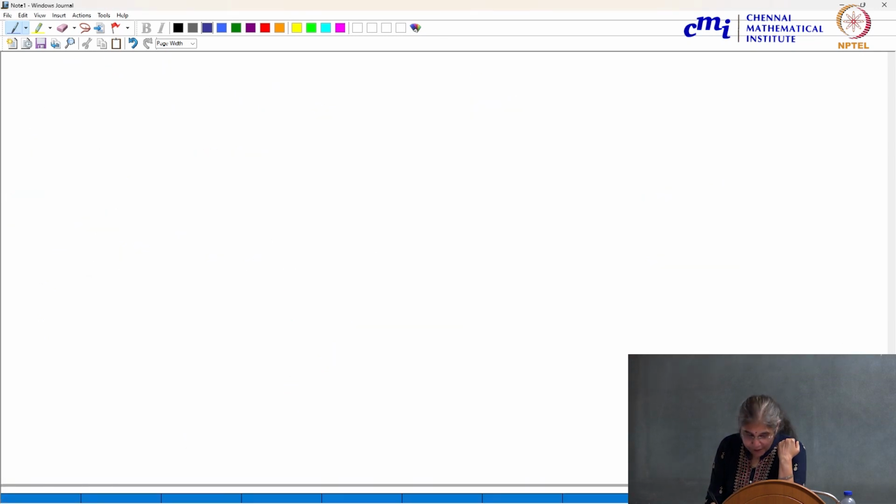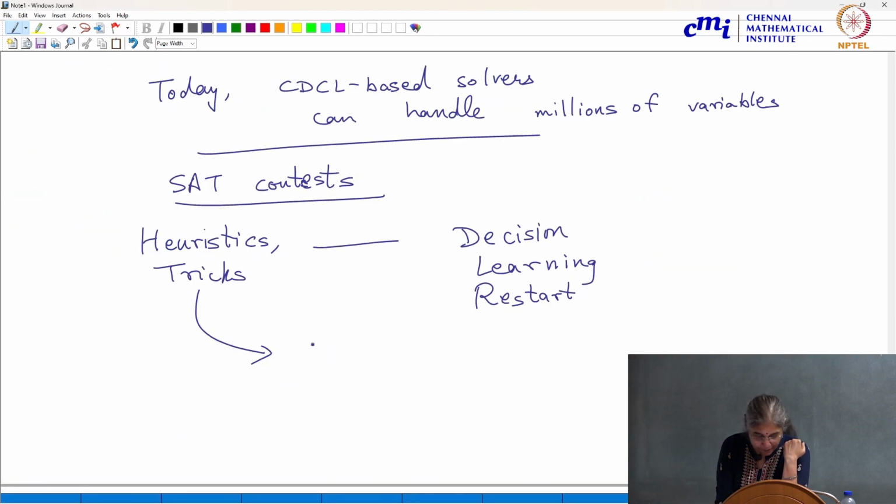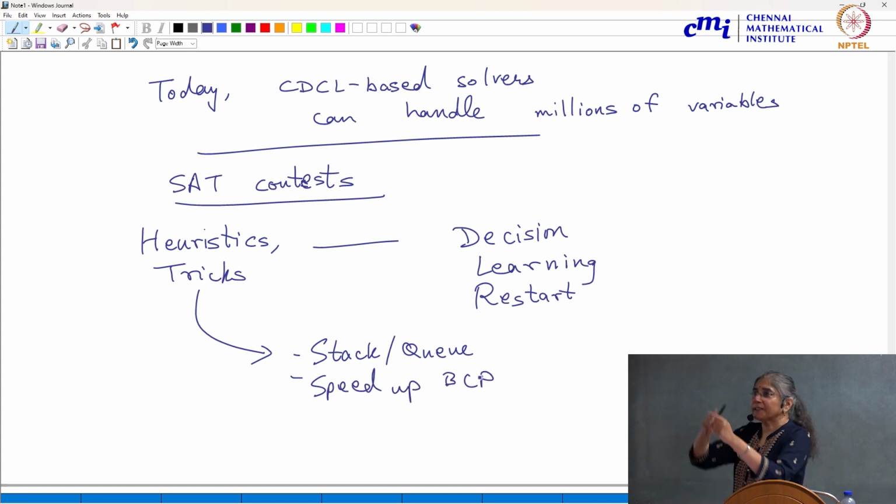Another trick that they are using is you want to speed up unit propagation, BCP. Instead of after every decision going through your entire list of clauses to figure out whether something has become unit, which will take time, we are dealing with formulas which have thousands of clauses.